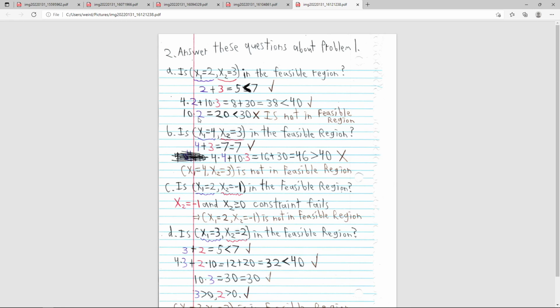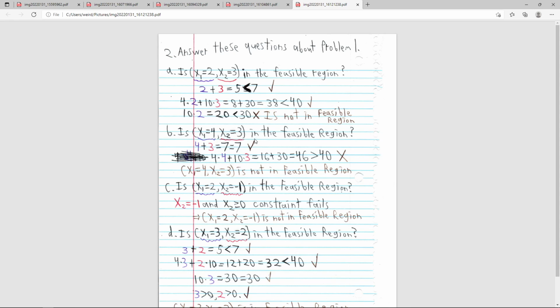So 2 acres of corn is not enough. 2 times 10 is equal to 20. So it's not in the feasible region. So x1 equals 2, x2 equals 3 is not in the feasible region.